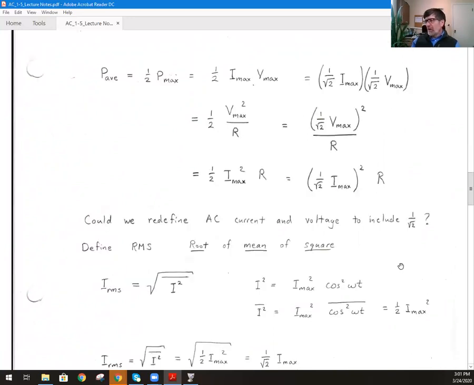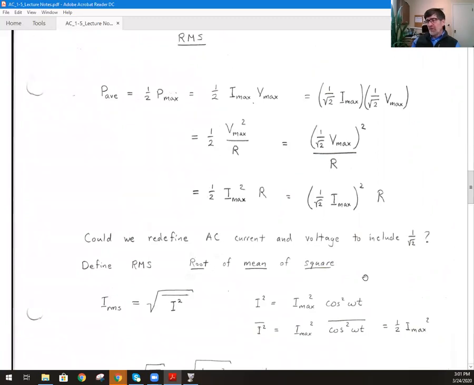Well, there's a way around having to learn a new set of formulas for AC. It's kind of an odd approach, but what we do is we don't quantify current and voltage when they are AC by the peak. We don't use I max and V max.